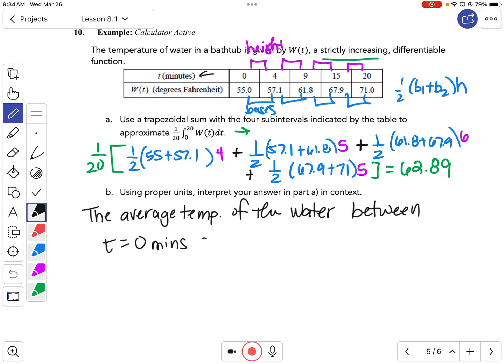Minutes. And t equals 20 minutes. Okay, the average temperature is 62.89 degrees Fahrenheit. Okay, so you want to use all the units for time and the units for temperature, along with that it's average value, right?